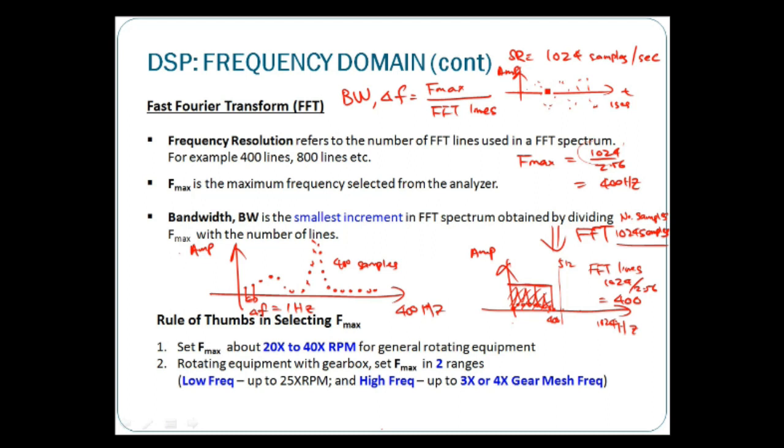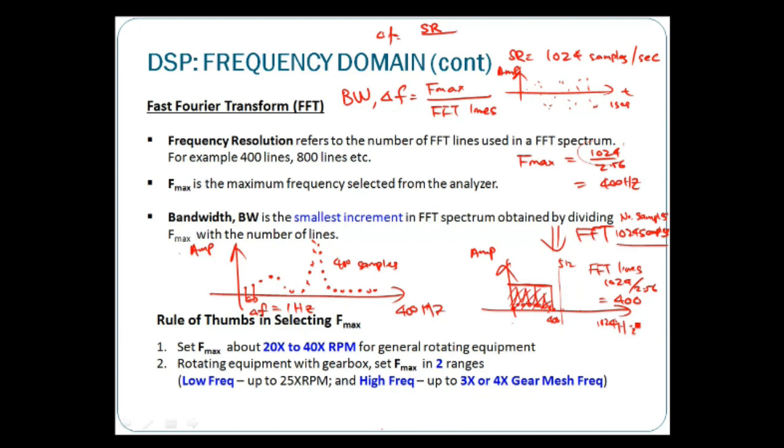Because Fmax is associated with your delta F, Fmax is also associated with your sampling rate, 1024 divided by 2.56. Your FFT lines is associated with the number of samples that you use to convert to frequency domains through FFT. So it's 1024 samples, and your FFT lines is 1024 divided by 2.56.